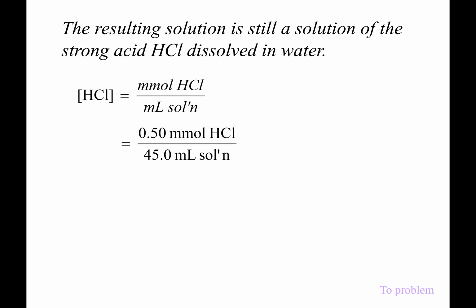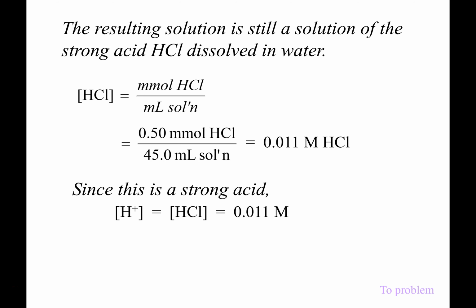So we can knock out the molar concentration of the HCl: 0.50 millimoles HCl divided by 45 milliliters of solution. With 2 sig figs, you're looking at 0.011 molar HCl. And we're supposed to get pH, so recognize that this is a monoprotic strong acid.